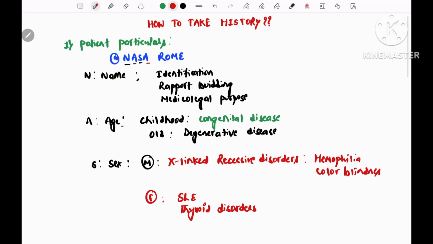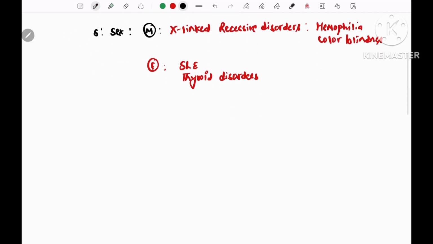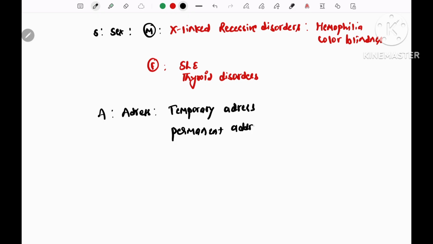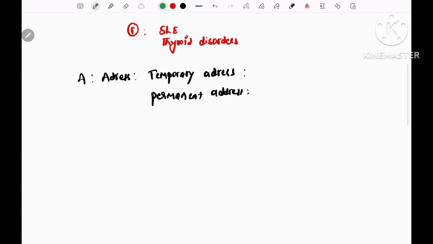Now, the fourth point is A. A means address. In address, we take two addresses: one is the temporary address and another is the permanent address. Why do we take these two different addresses?